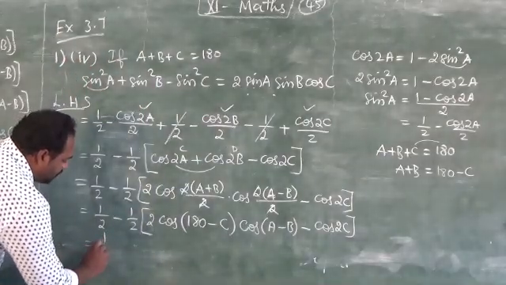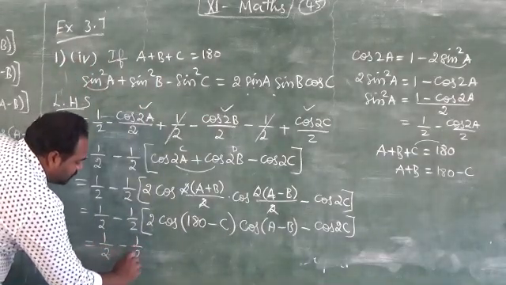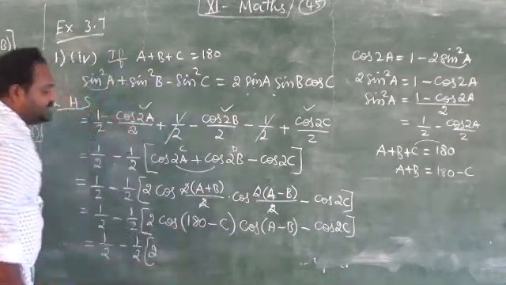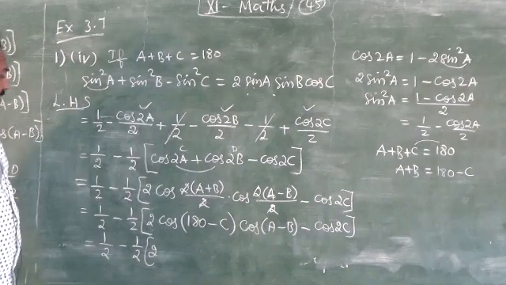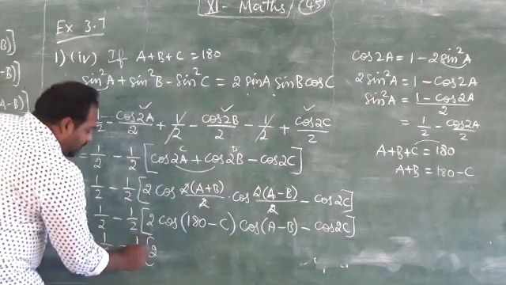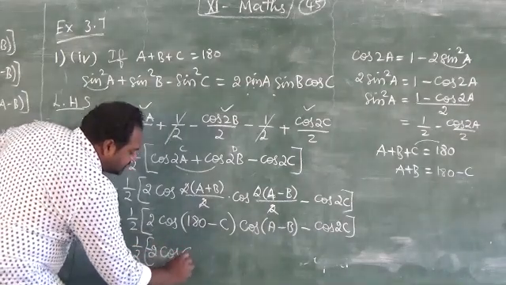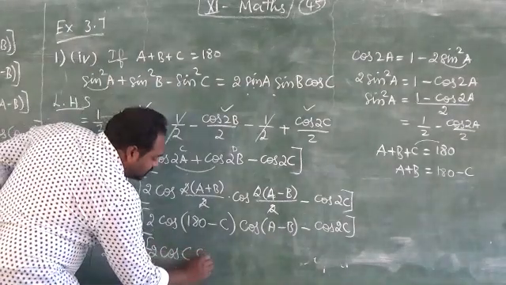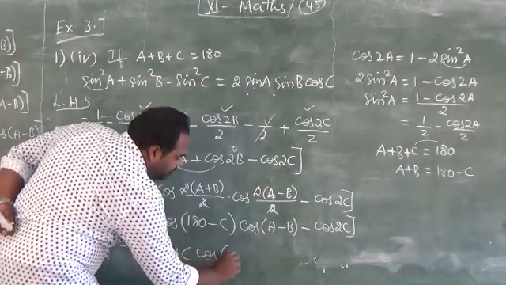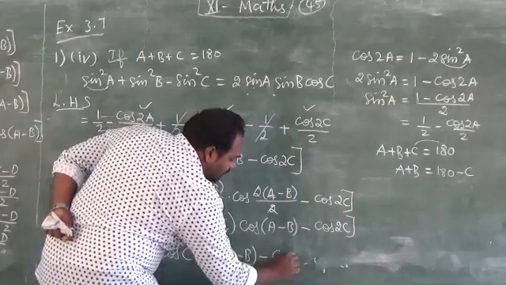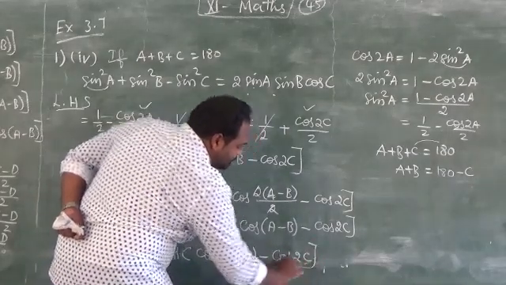Here 1 by 2 minus 1 by 2, 2 into 180 minus C is second quadrant. Second quadrant cos negative, so minus cos C into cos of A minus B minus cos 2C.